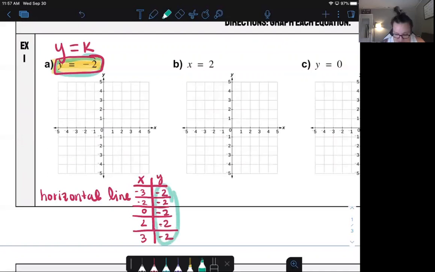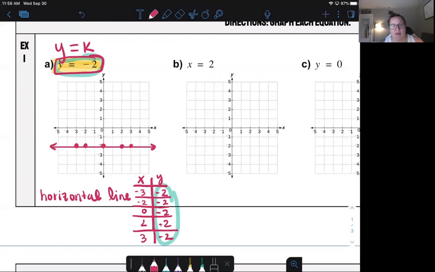So let's plot those points. Well, -3, -2 is here. -2, -2, 0, -2, 2, -2, and 3, -2. And I have these points that are creating this horizontal line. So I'm going to draw my horizontal line through them.